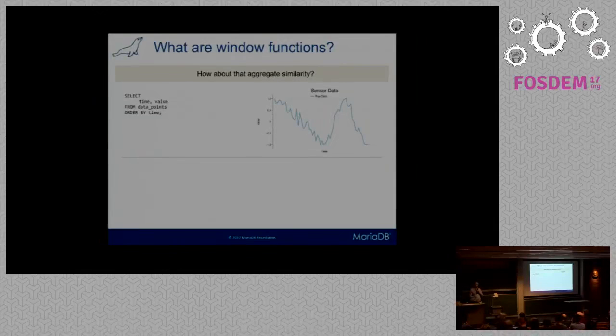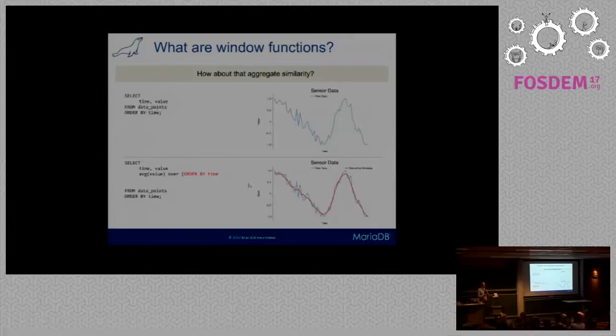So we want the point that's represented to be an average of, say, a couple of points before it and a couple of points after it. Right? And we can do this using the average function. Now, we've transformed the regular aggregate average that you would use in regular SQL into a window function using the over clause. And now the function behaves slightly differently.